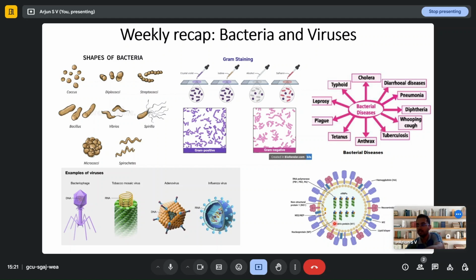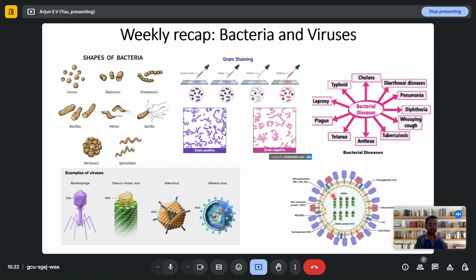We saw how different types of influenza can be classified into H1N1, H1N2, based on two types of proteins.